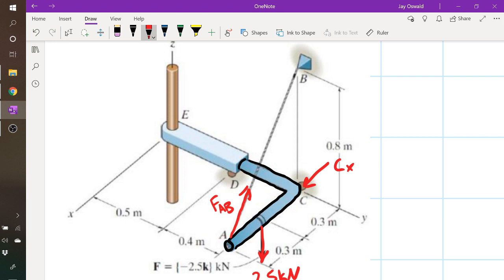What you can do is draw your free body diagram, and look to see if you need that force or not. In this case, we won't need it, but we'll add it because we'll see it won't matter, okay? So what kind of reactions am I going to get at D then? Force in X, Y, and Z. Yeah, so I'm going to get a force in X, Y, and Z.